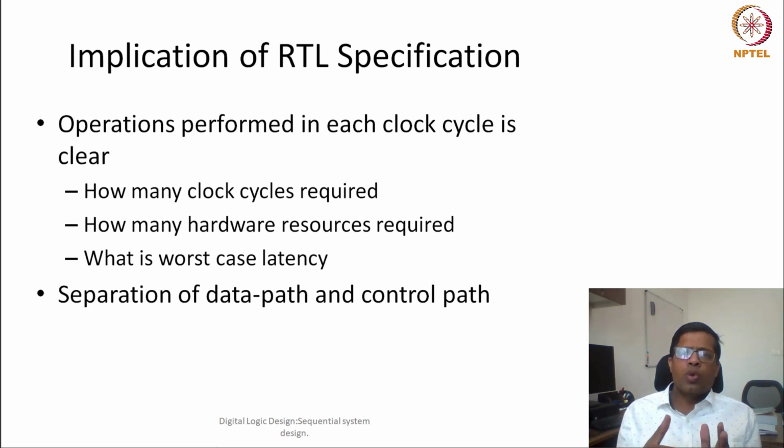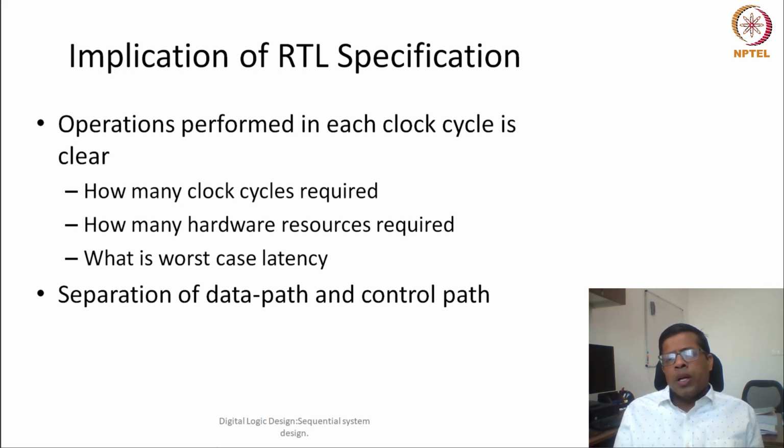If those things are known, then we can also have a schedule, and a state machine which will drive this data path and activate those operations in only that particular clock cycle. That logic that activates those operations would be called control path, and the data path would be between the registers, operated mainly by the data.